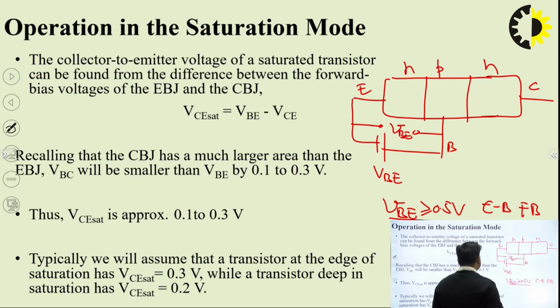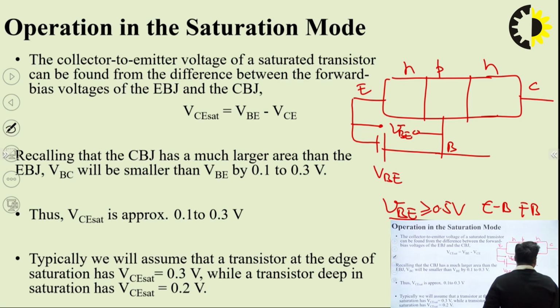be in active mode. The second thing is the CB terminal, in reverse bias: the collector should be connected to the positive terminal, and the base is connected to the negative terminal.